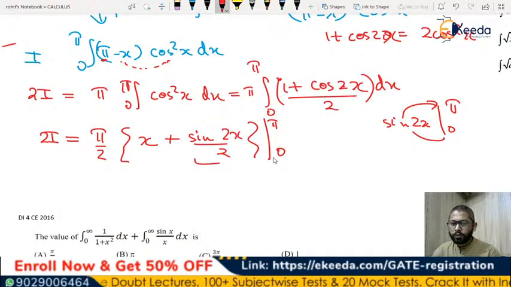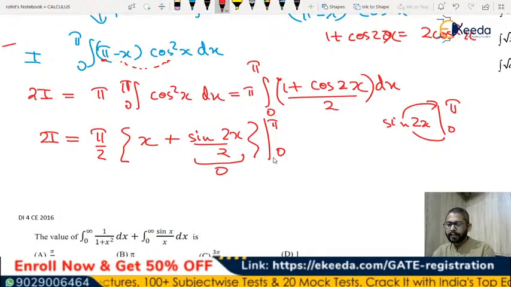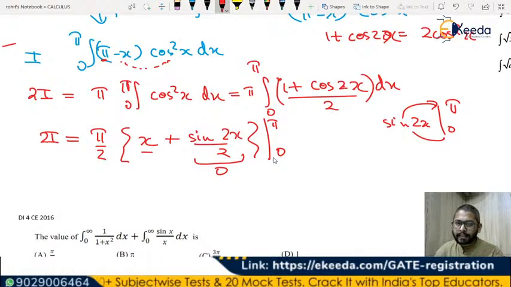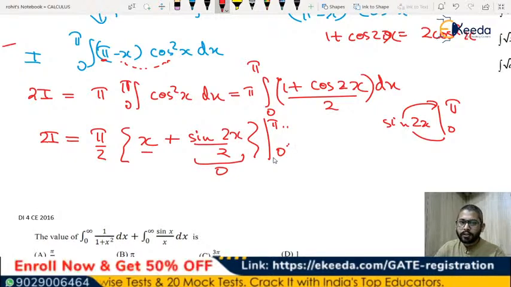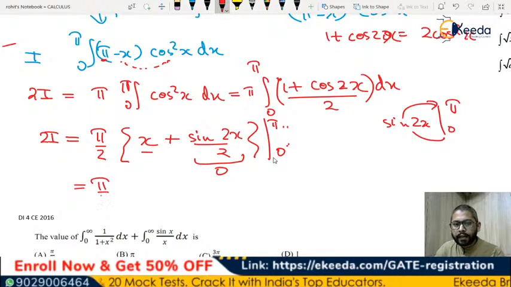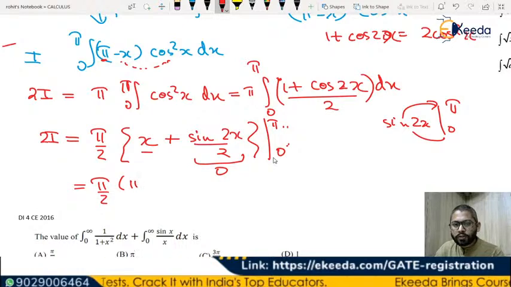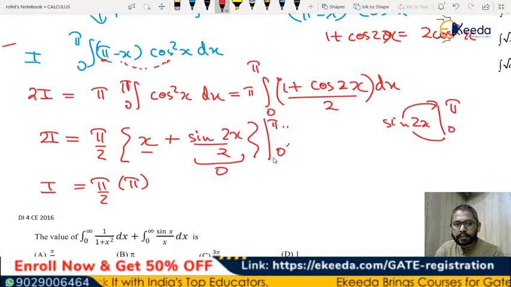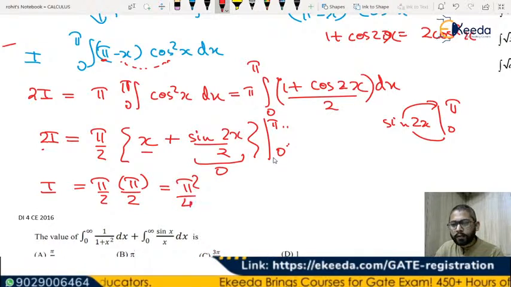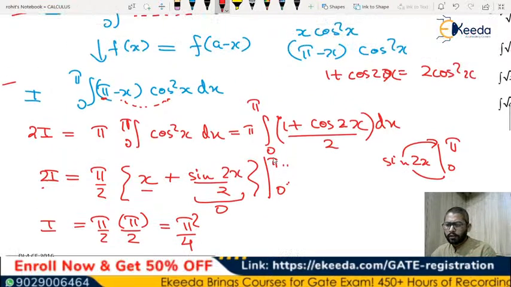So let's forget about calculation of this term, simply write it 0. And about x, this will be simply the difference of the limits. So this is pi by 2 into (pi minus 0), so it is pi. And for this 2, I am taking this side, so it is pi square by 4. This is the answer, right?